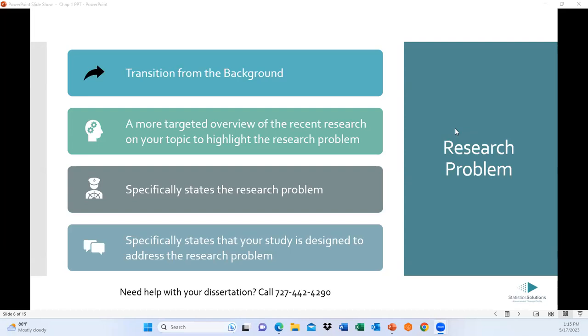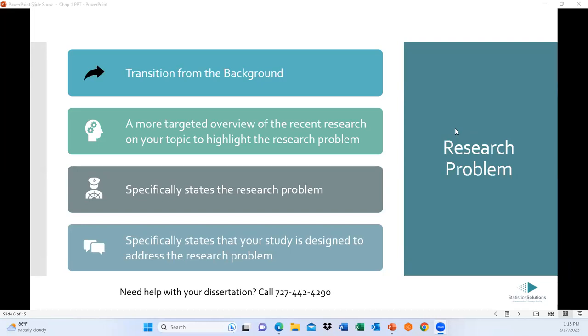But it's a gap in knowledge in the research. It's a type of research problem. It's not the only type, but it's a type. That means that we're lacking information on some aspect of the topic, and that's a legitimate research problem. And your study therefore would be designed to get that information that we're lacking.